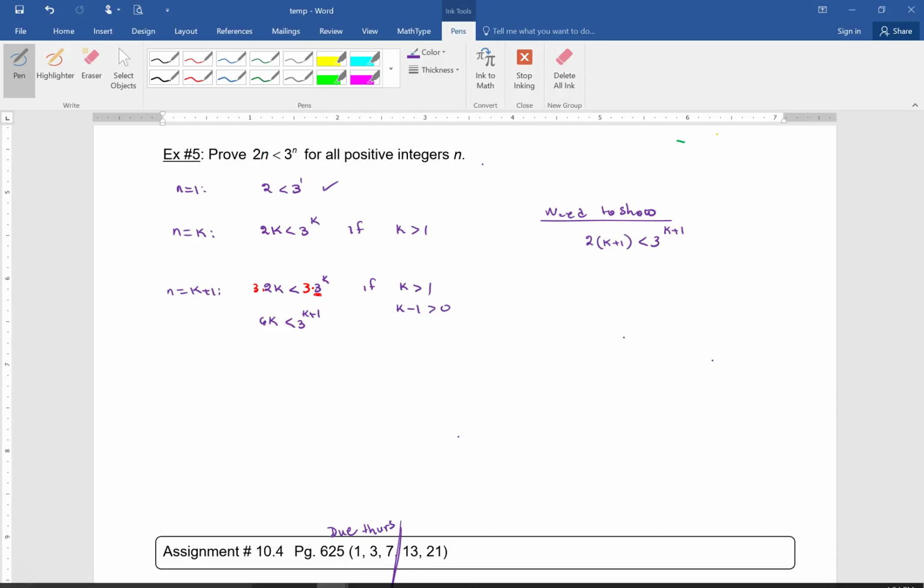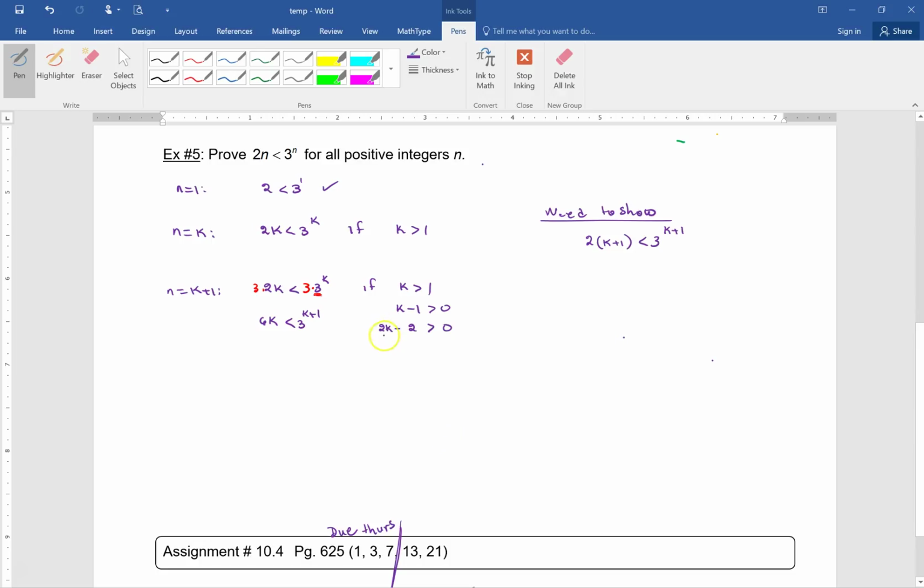There is a whole other hand-waving technique here. For this one, what I need is a 2 factor here. A factor of 2. So why don't we do 2k minus 2 is greater than 0. Multiply everything by 2. Okay? Now, what is it minus 2? I multiplied everything by 2.